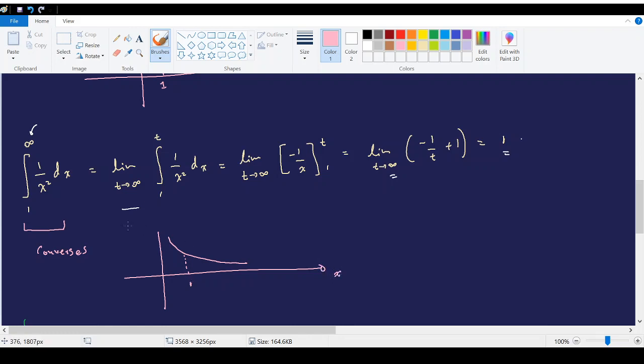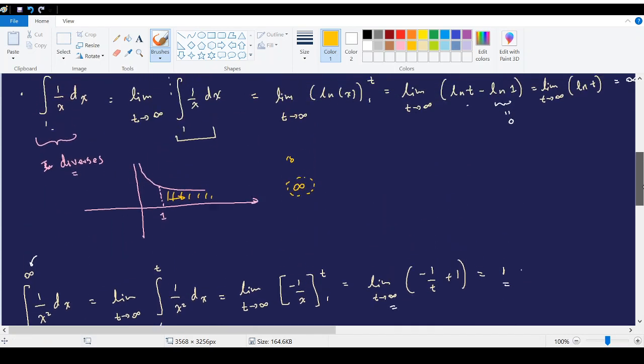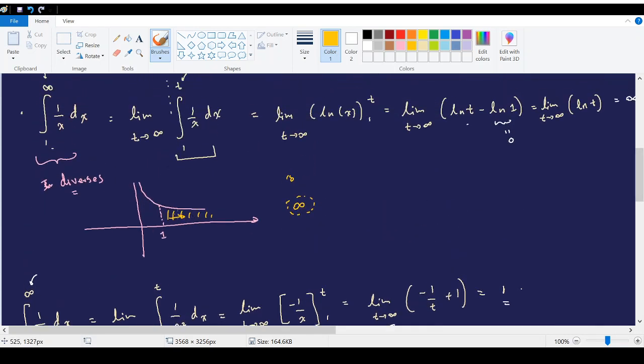But if you consider the area, from the above calculation we can see that the area of this infinite region is a finite value. And from the first calculation, we can see the area of this region is an infinite value.